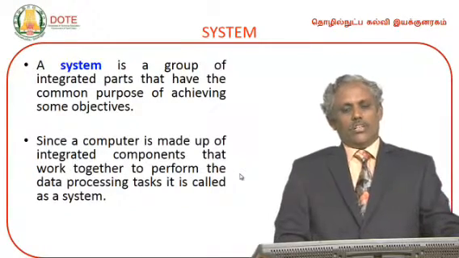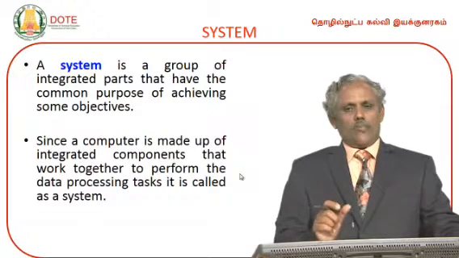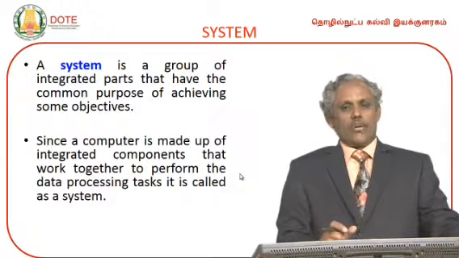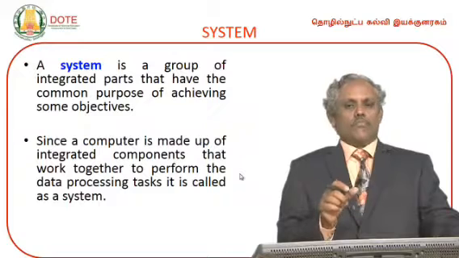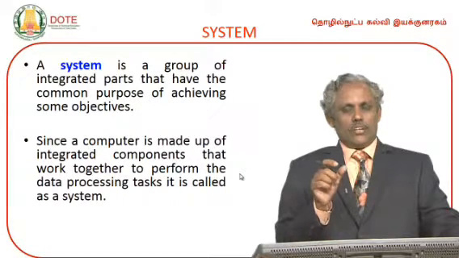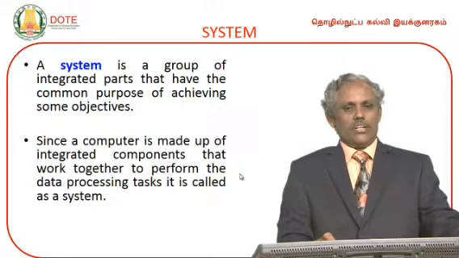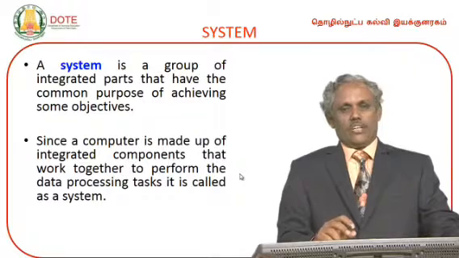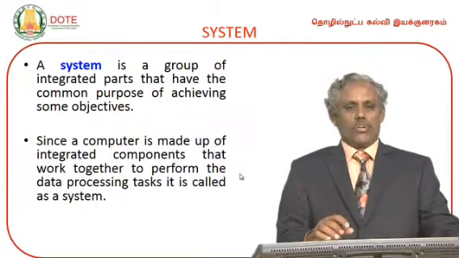Right. So, the computer is defined as a data processing system. Here the system is a word which represents the computer, because it is not a single device, it has different sub components.